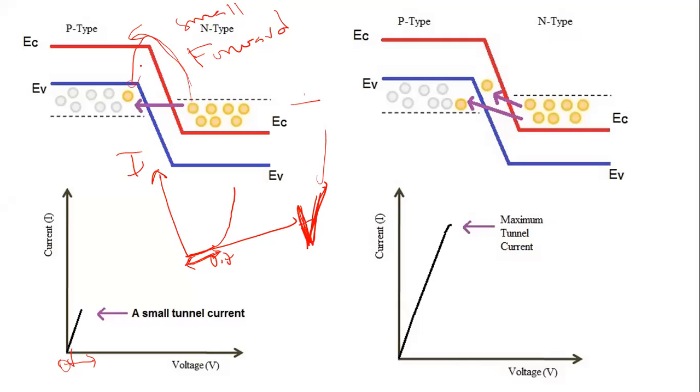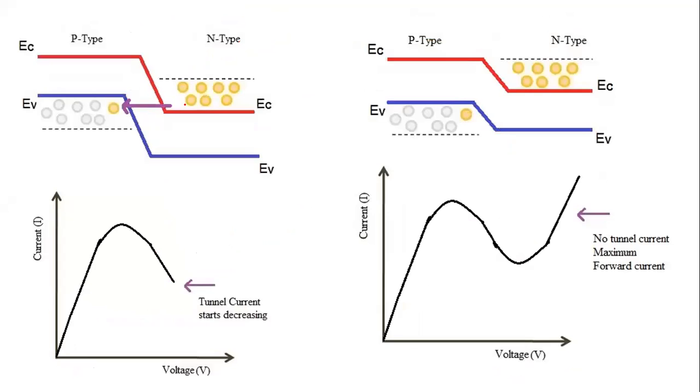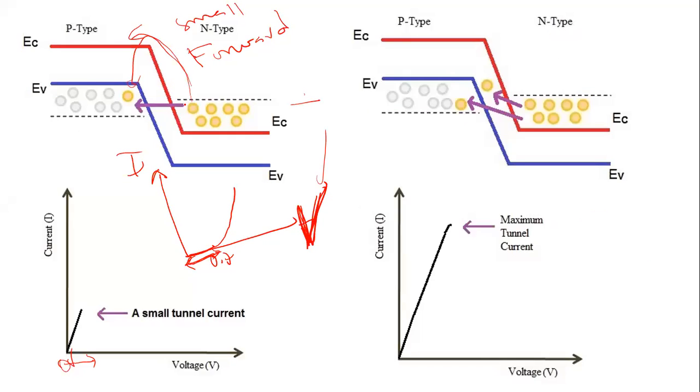But in this tunnel diode, before that knee voltage or the potential barrier is overcome, as you slightly increase the forward voltage, the electrons from the n-type of the p-n junction can penetrate through the potential barrier without overcoming it.